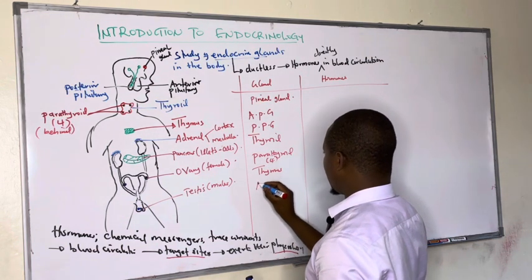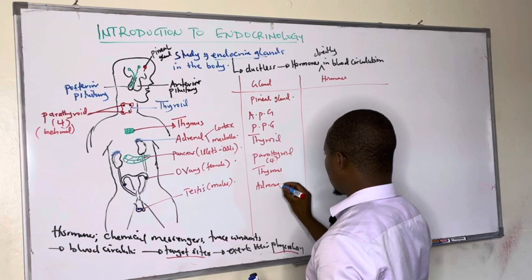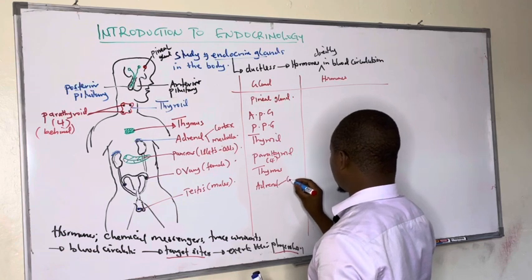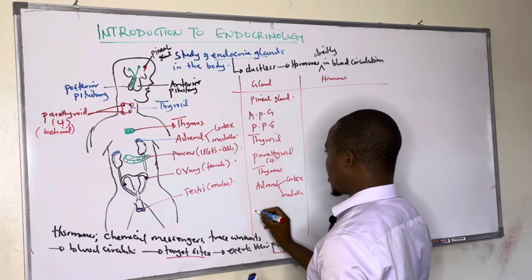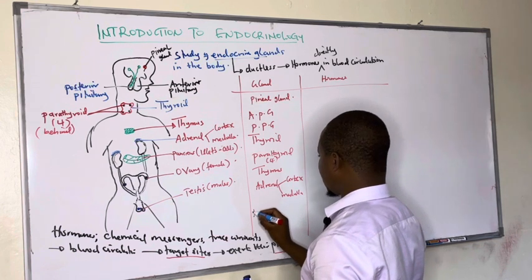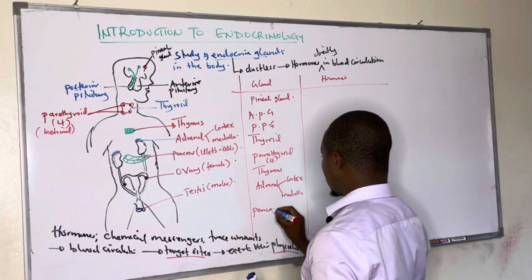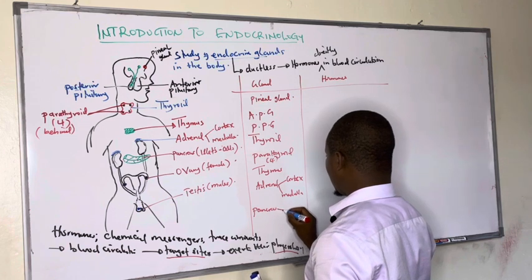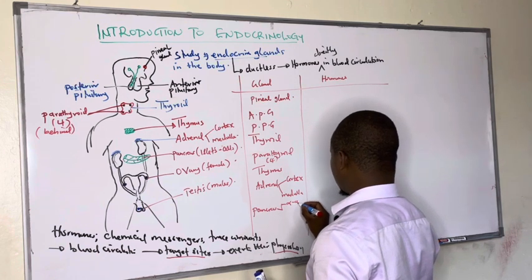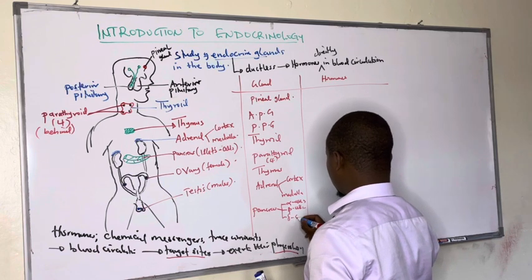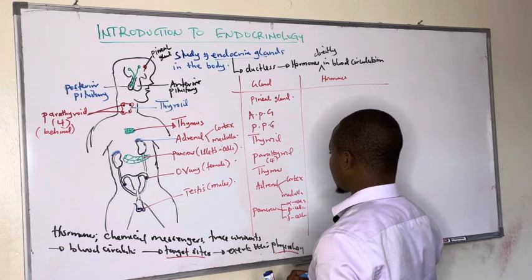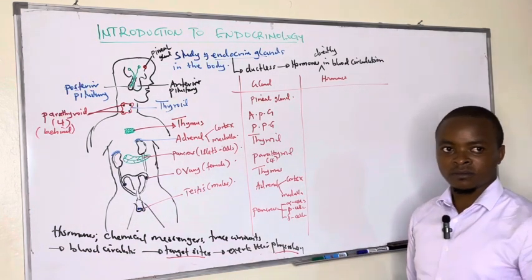We have the adrenal, which we said is divided into cortex and medulla. Then we have the pancreas, which has islets, with alpha cells, beta cells, and delta cells. Let us first see these ones.